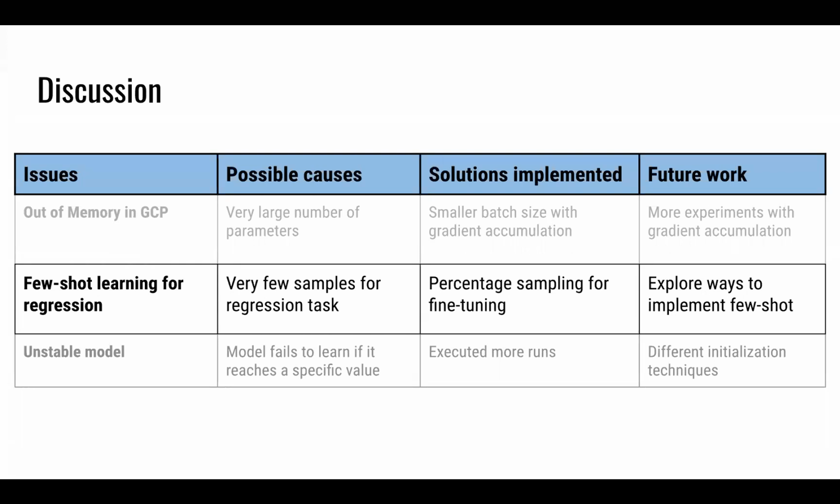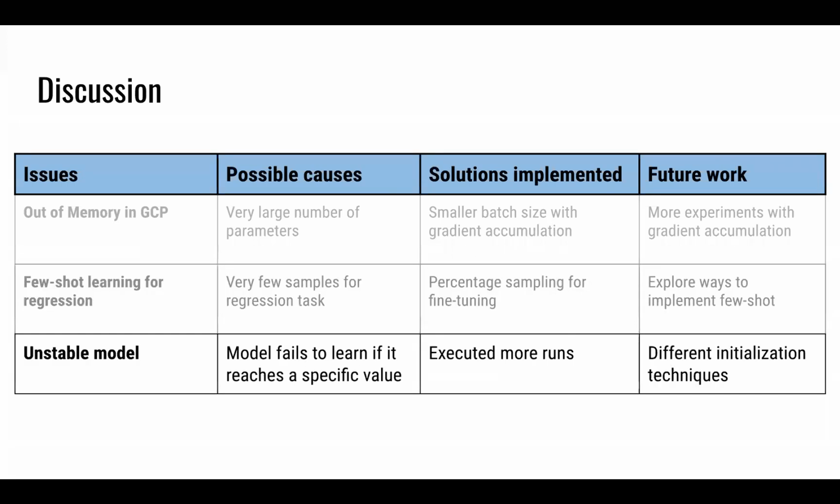So it can be helpful for classification tasks, but for regression, we need more than these very few samples. Hence, we switched to a few-percentage sampling for the STS-B task. However, in future, we wish to explore methods which can effectively carry out regression tasks with few-shot learning.